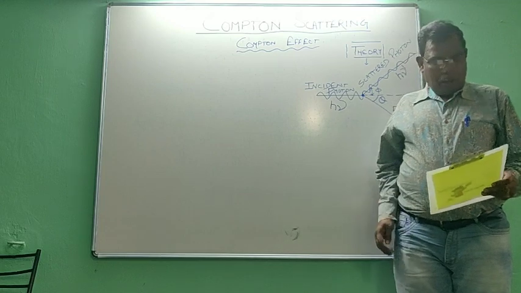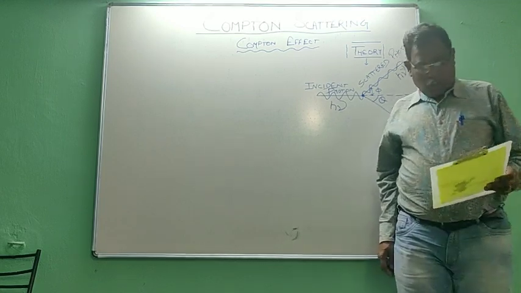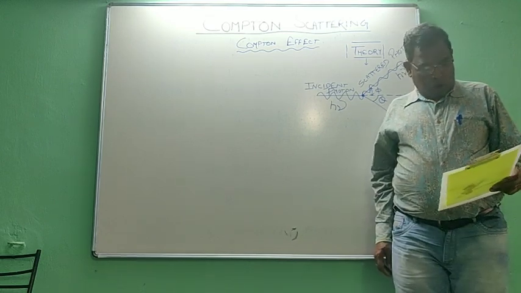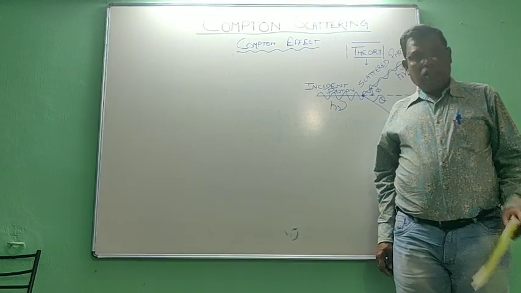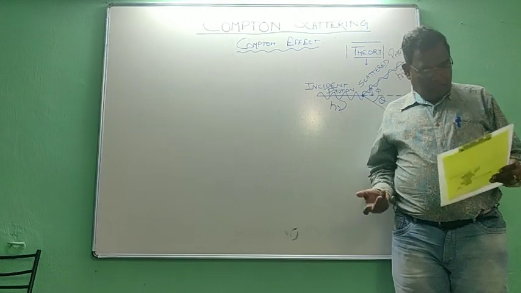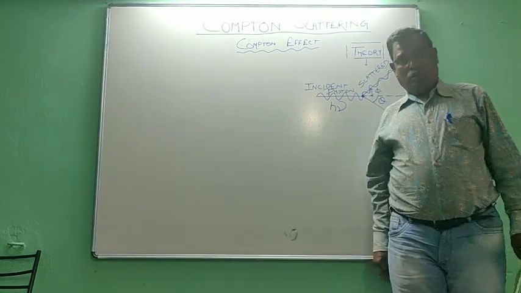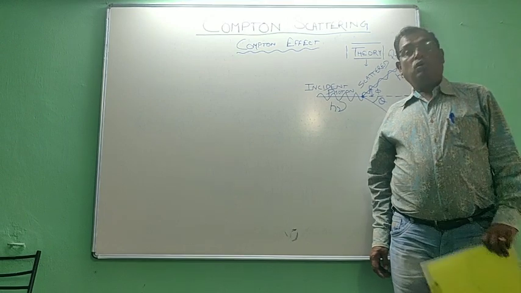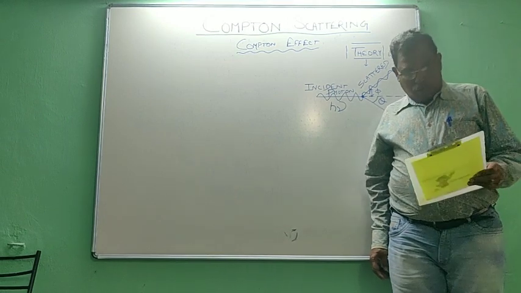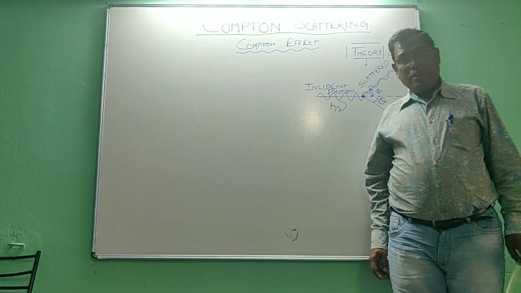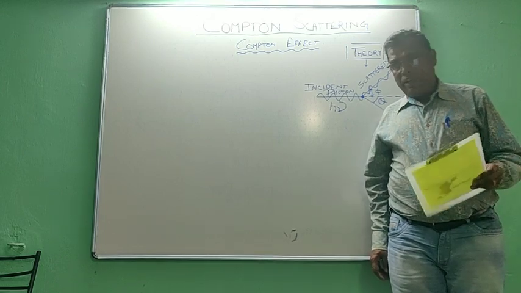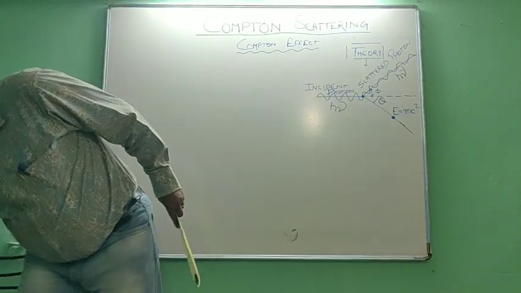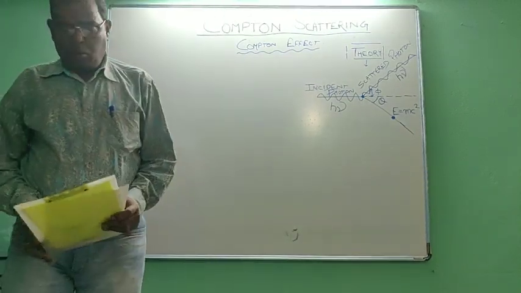That is, when a photon of energy h nu collides with an electron of a scatterer, the electron gains some energy from the photon, and the incident photon becomes a photon of low frequency and high wavelength after scattering. Right?